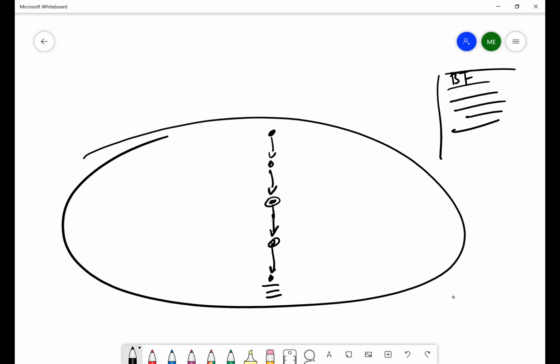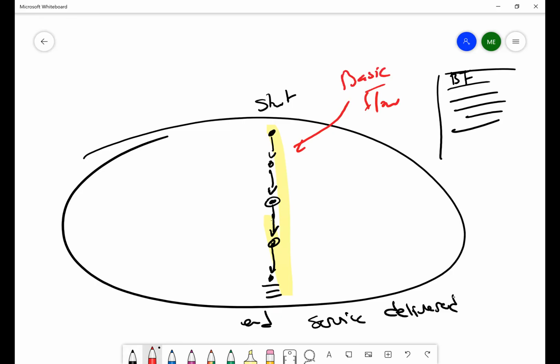And when I reach the end, some sort of a service is delivered. This is what I call my basic flow. This is what normally I expect to happen, say 90% of the time. This is the main scenario that keeps repeating over and over again.